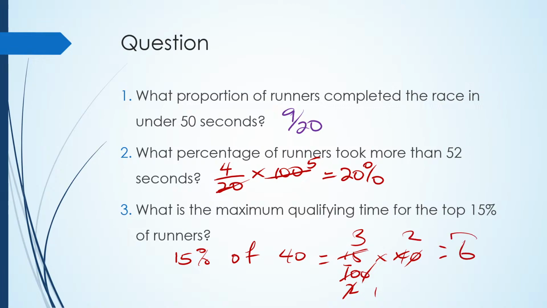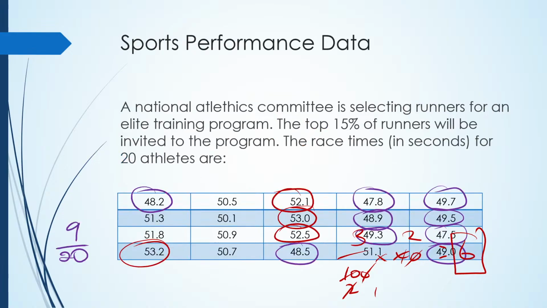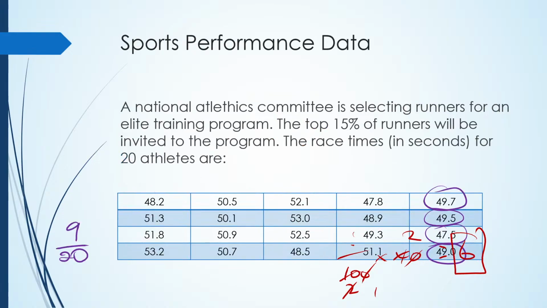So we're looking at 6 of them. And we're looking for the smallest time to the largest time, because we're not interested in people who are slower than that. We're looking at just the 6 people who finished the race the fastest.